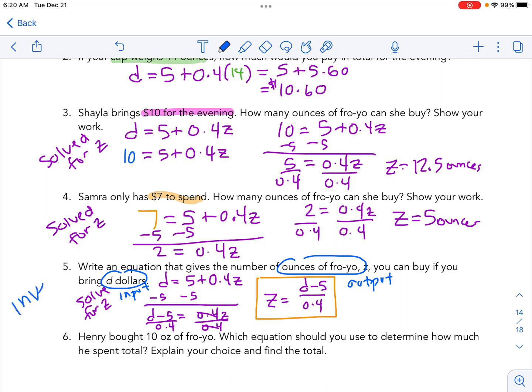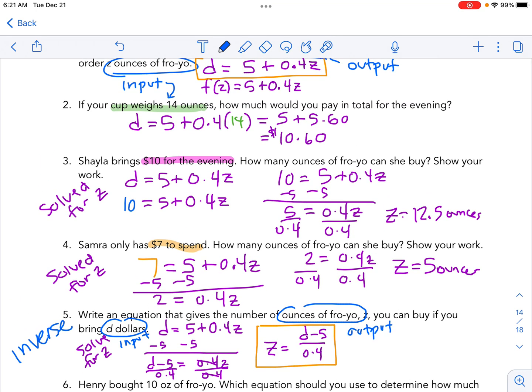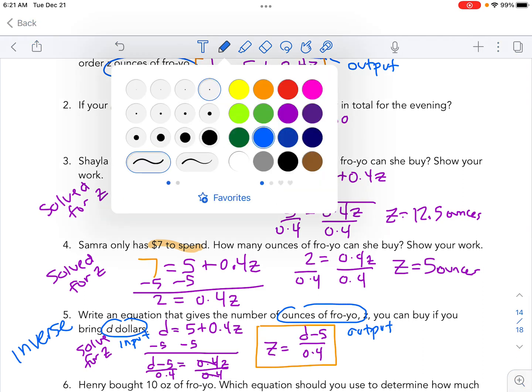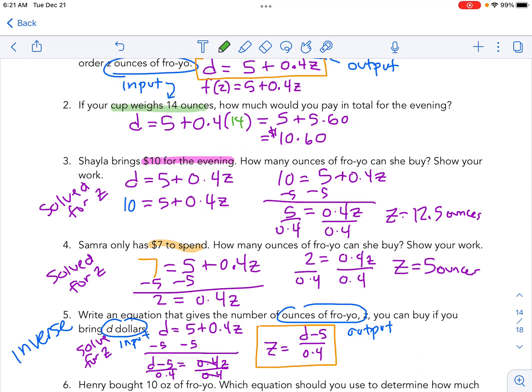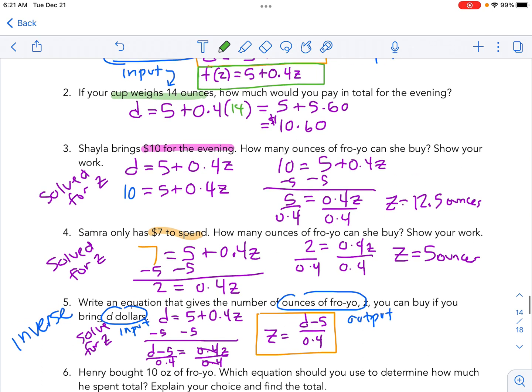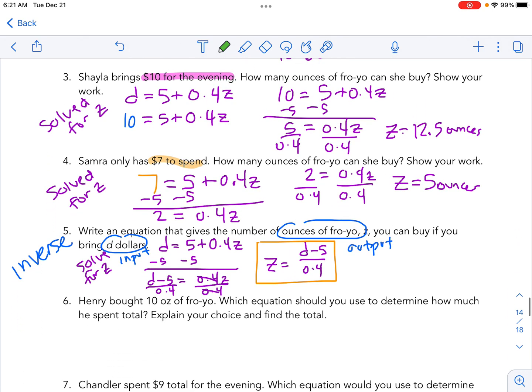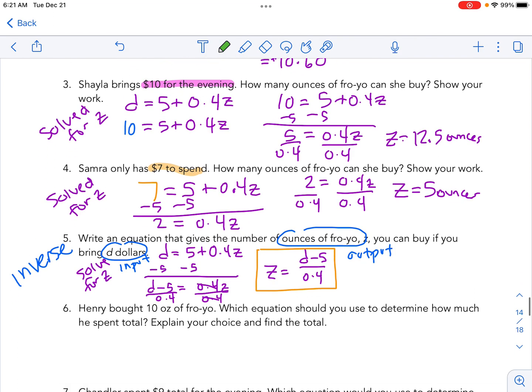And when we switch the output and the input, we call that the inverse of the original function. So I did function notation up in the original problem. So here was my function notation, right? F of Z equals 5 plus 0.4Z.